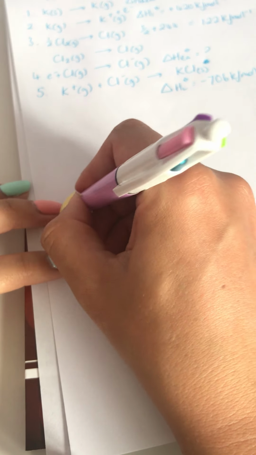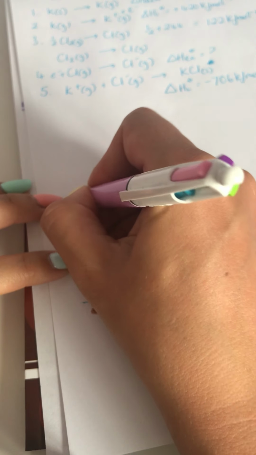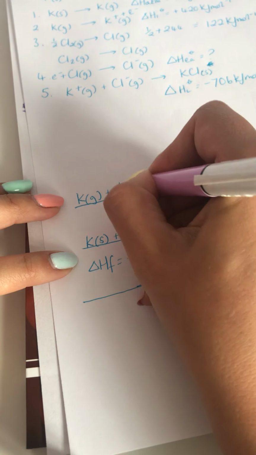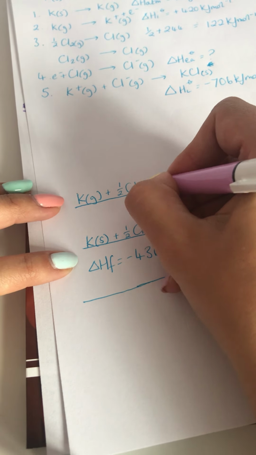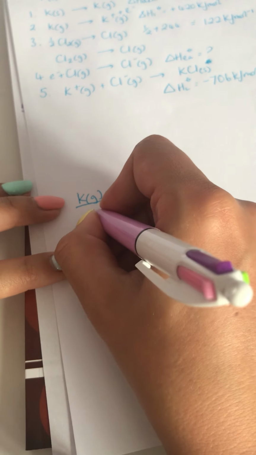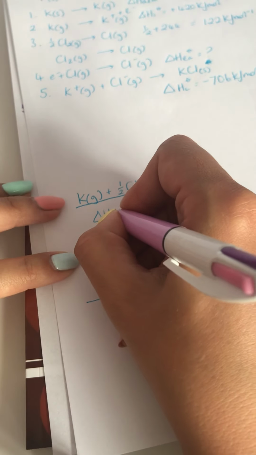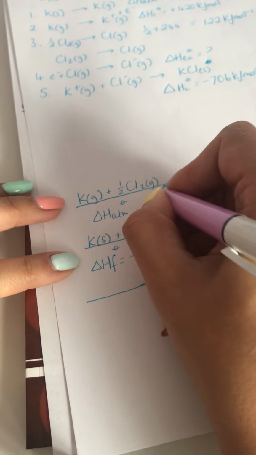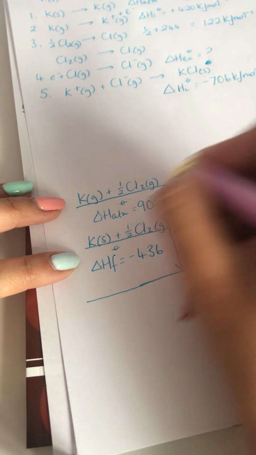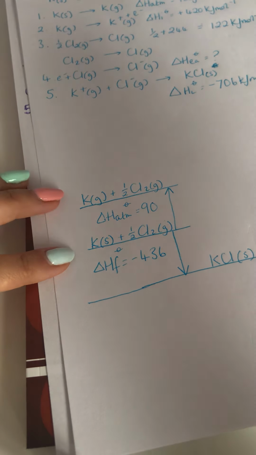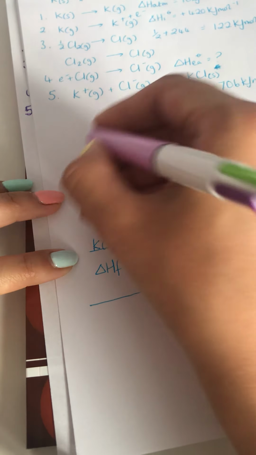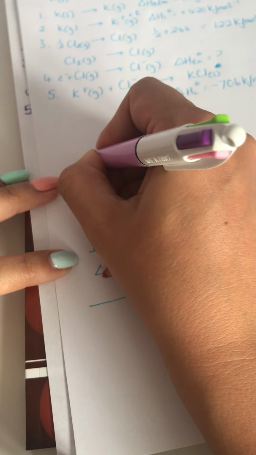I'm then going to convert my potassium to a gas, and I also have my half Cl2 as a gas, which is going to be my enthalpy of atomization, which has a value of 90. I am then going to turn that potassium into a potassium ion as a gas.